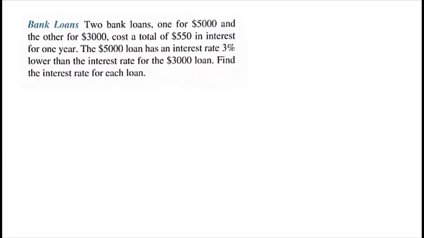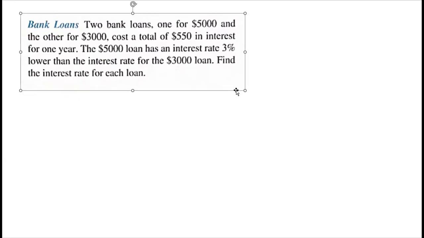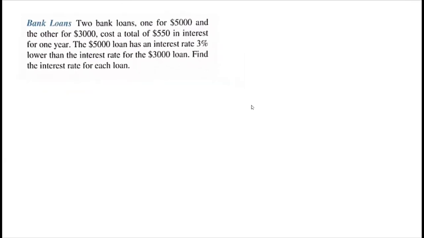Okay, it says here two bank loans, one for $5,000 and the other for $3,000, cost a total of $550 in interest for 1 year. The $5,000 loan has an interest rate 3% lower than the interest rate for the $3,000 loan. Find the interest rate for each loan. So these types of problems are simple interest rate problems.